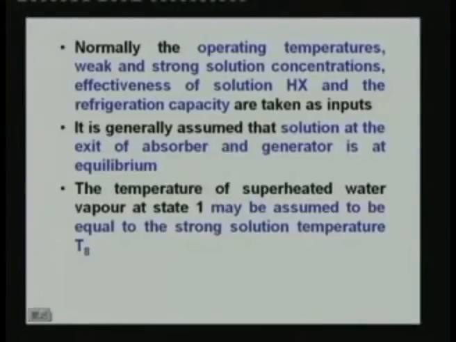Now, the temperature of superheated water vapor at state 1 may be assumed to be equal to the strong solution temperature T8. Remember that the water vapor leaving the generator is at a temperature almost close to the generator temperature. What is the pressure inside the generator? It is the same as the condenser pressure.